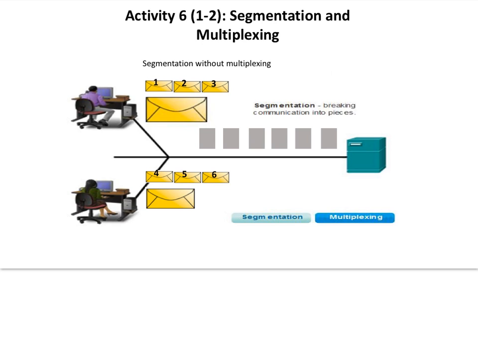Why? For example, if we need to provide reliability, okay? If we have a large zip file, and we're moving this large zip file as one unit over the network, imagine if one bit in that file is wrong, what will we have to do? We will have to retransmit the whole file again as one unit.